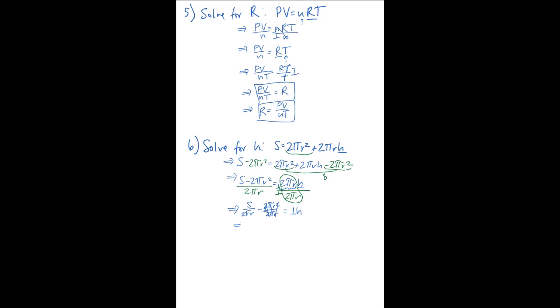So I'm going to get S over 2 pi r minus r over 1, which is just r, equals 1 times h, which is just h. Notice I've got h by itself on the right-hand side of this equation. So this equation has now been solved for h. If I like, I can even rewrite it as h equals S over 2 pi r minus r. Either way of writing is fine.